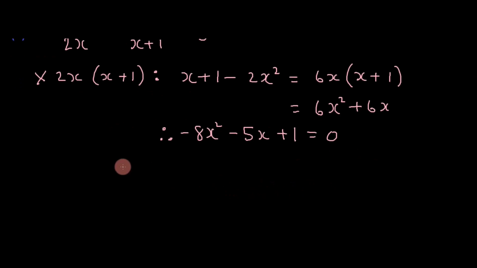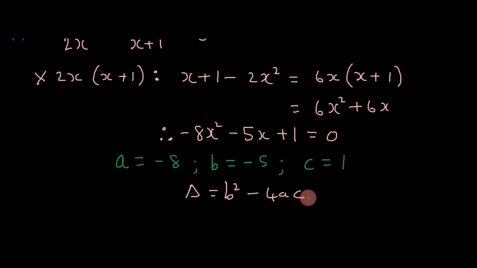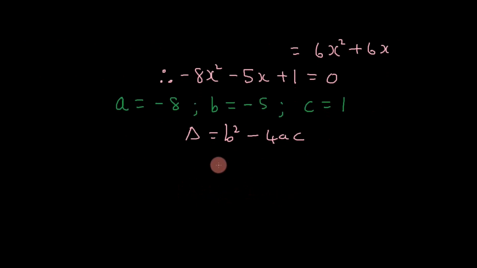And we can write down the values of a, b, and c. a is negative 8. b is negative 5. And c, of course, is 1. So now we can find delta. So it's going to be negative 5 squared minus 4 times negative 8 times 1.